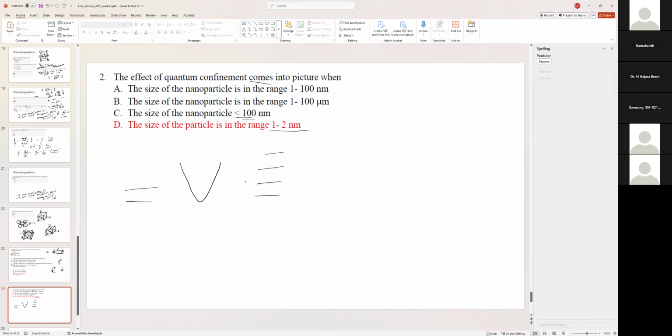Even in the nanoscale, less than 100 nanometer, these are not as prominent, but in quantum dots where the dots are like 5 nanometer or less, only then do you see the splitting of bands, energies, or changes in the band.